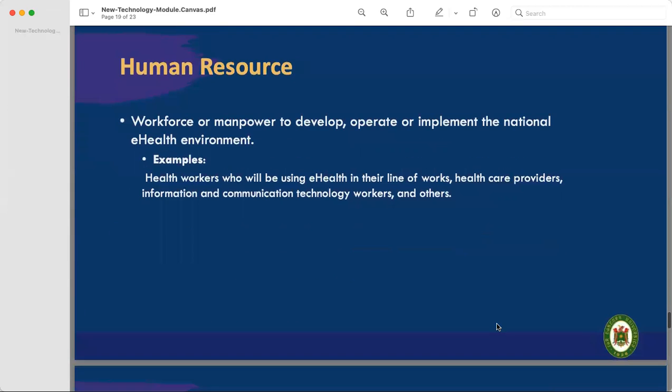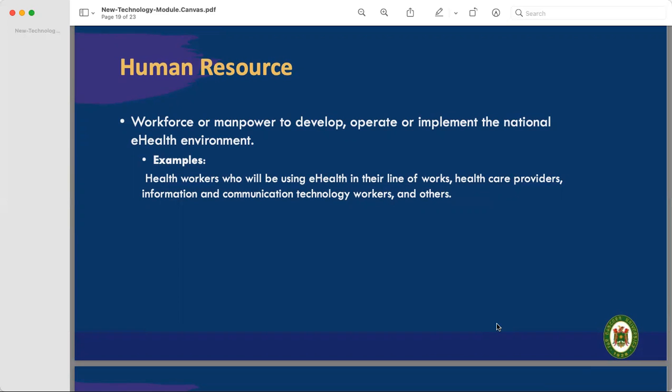Human resource, we mentioned a while ago, pertaining to manpower to develop, operate, or implement the national e-health environment. And the manpower would surely involve health workers, not only those computer-capable persons, mga computer engineers, hindi lang sila.